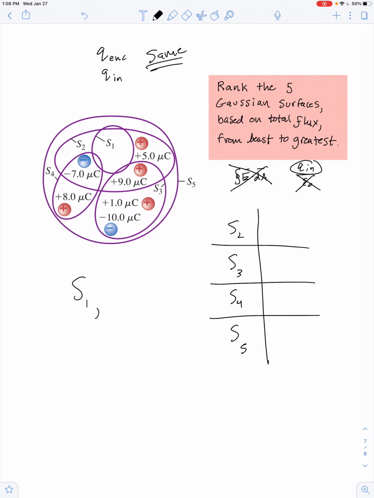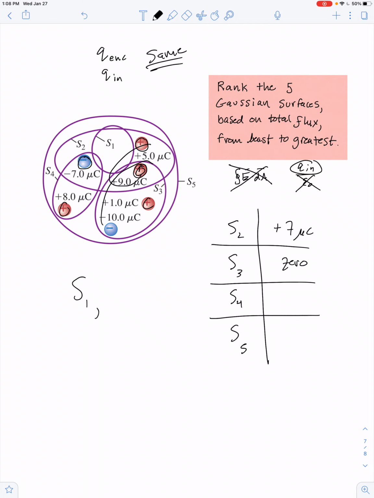Okay, so surface number 2 has -7 microcoulombs, +9, and +5, so a total of +14 and -7, so we have +7 microcoulombs enclosed. Surface number 3, +9 and +1 for a total positive of 10, but also -10, so 0.